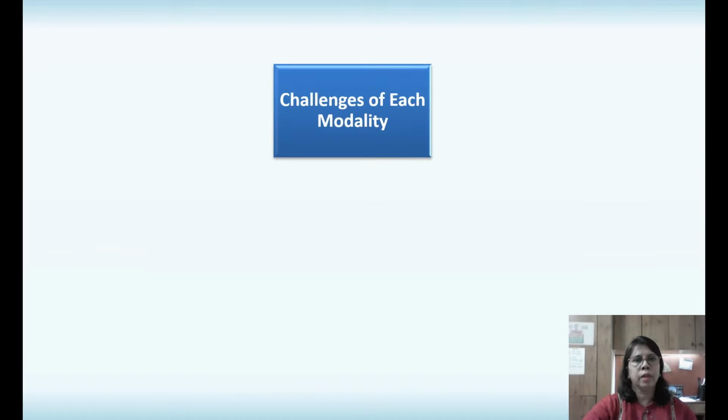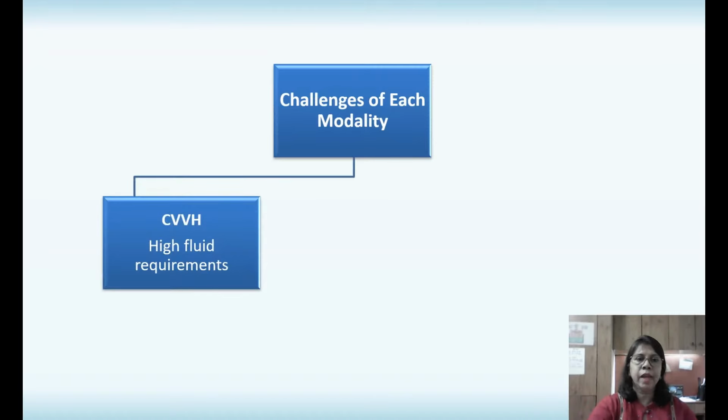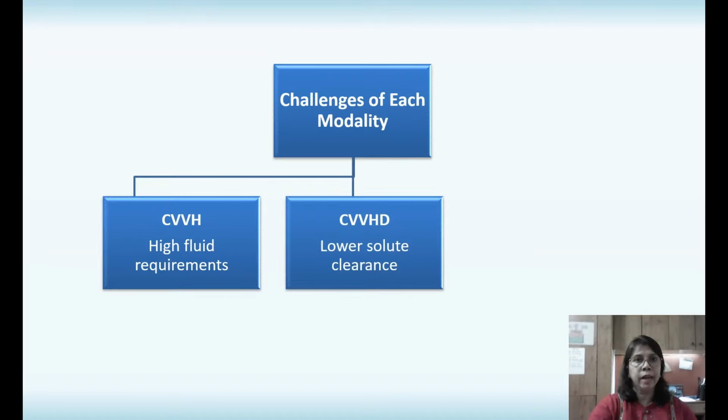So to sum up, each of the modalities is useful in its own way but has its own challenges. In CVVH, we require very high fluid requirements as replacement for the ultrafiltration which is set. In CVVHD, lower solute clearance is available as compared to CVVH.